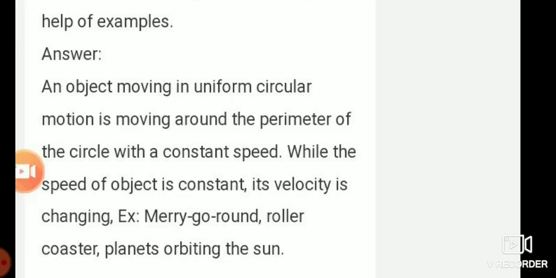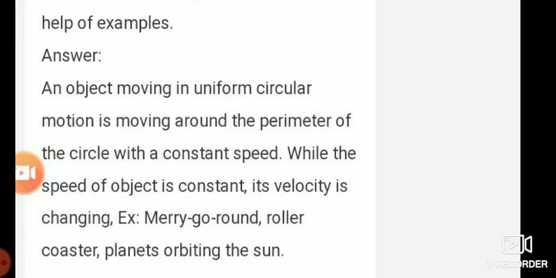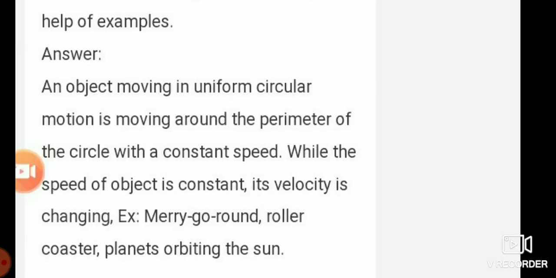While the speed of the object is constant, its velocity is changing.